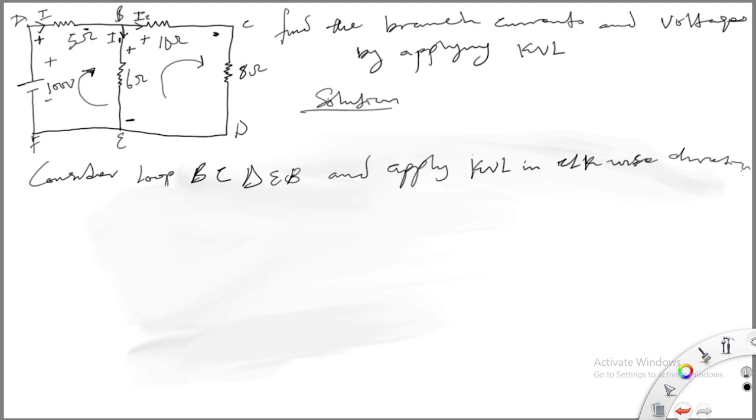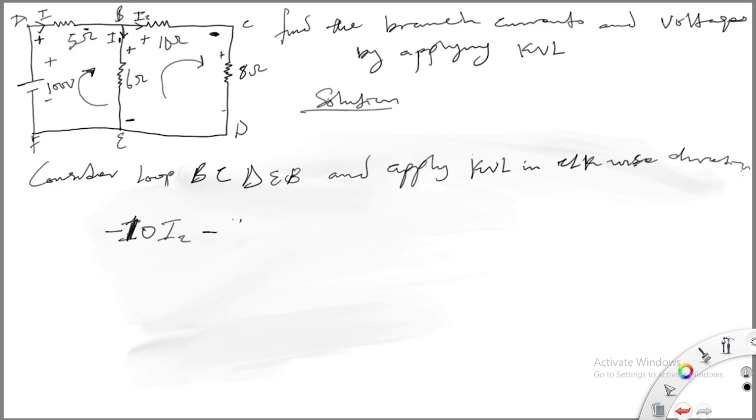Remember, from B to this side we're experiencing a drop, so it will be minus 10 I2. Minus, remember, 8 also is a voltage drop, as it starts positive and ends negative.